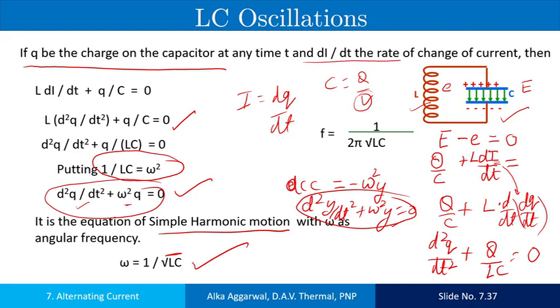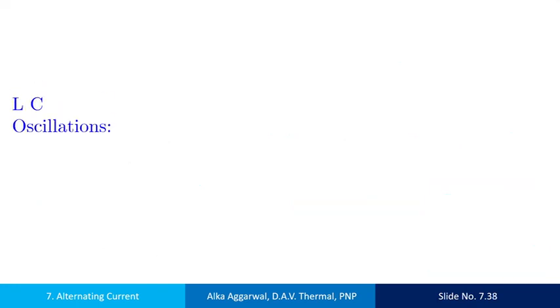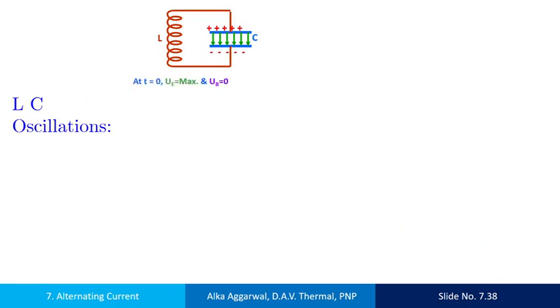Now, let us do the qualitative treatment of this. It is an inductor capacitor circuit. Since this circuit is connected with a capacitor and inductor, visualize how the oscillation takes place in the circuit.